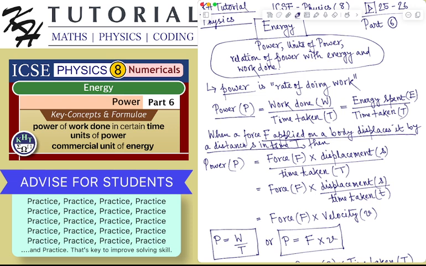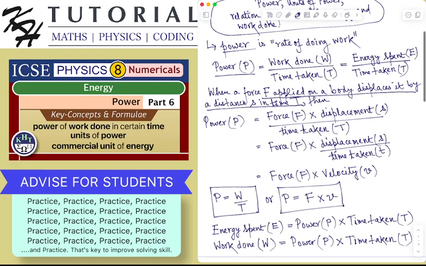So this is equal to the force multiplied by the distance by which the body was displaced in the direction of the force, divided by the time taken by the force to displace the body by a distance of small s, that is capital T. So Fs, if I ignore the multiplication sign, I think it will look better.